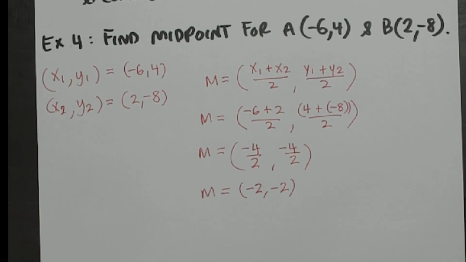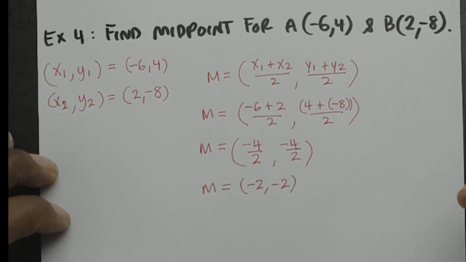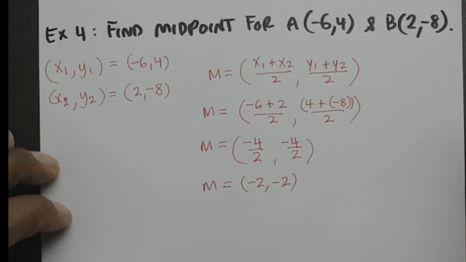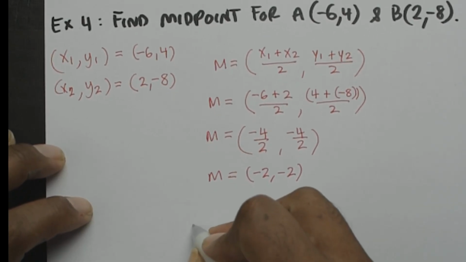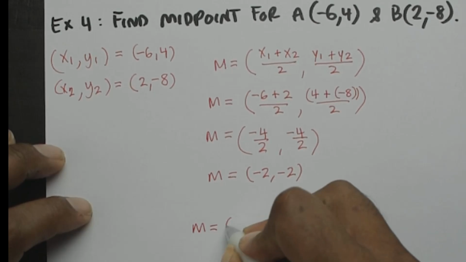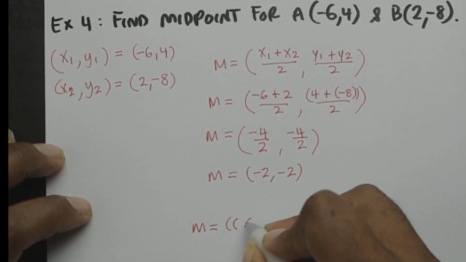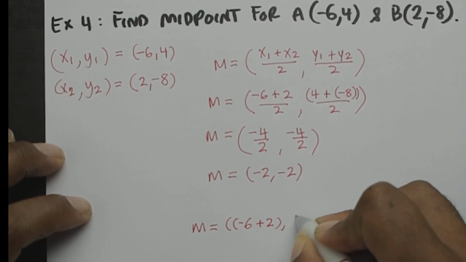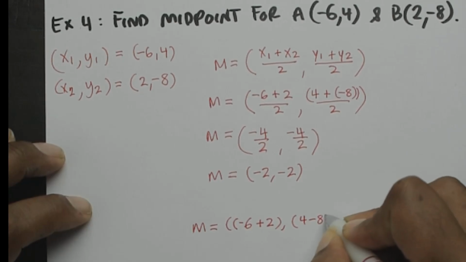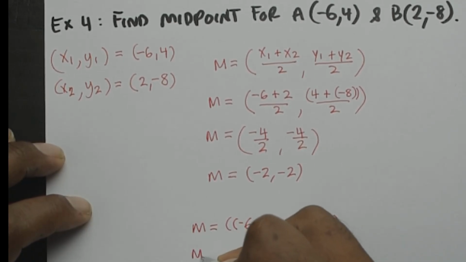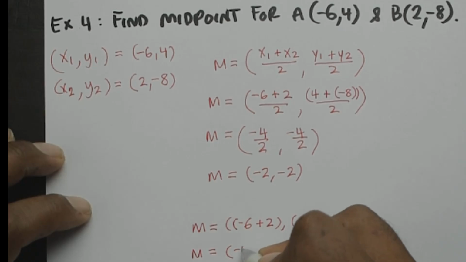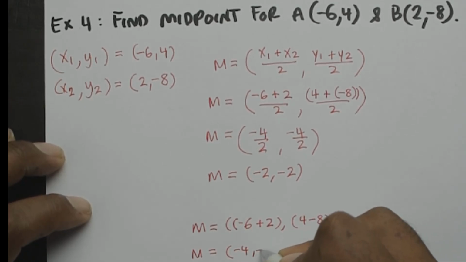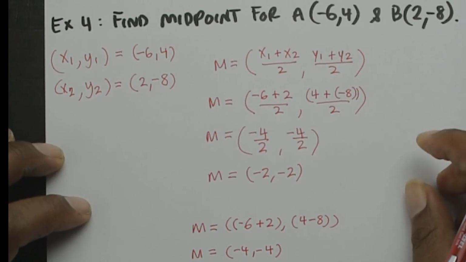Now, a common error is a student writes that the midpoint formula is -6 plus 2, comma, 4 minus 8. And so they say, well, m equals -4 and -4.